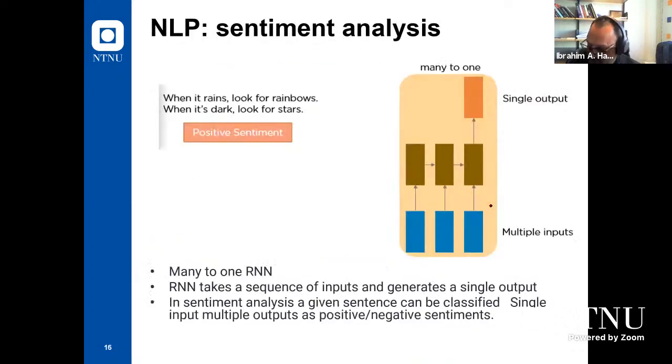In sentiment analysis, we have multiple inputs, which is a sentence. It could be a sentence, or it could be a movie review, for example, like a movie reviews database. In this case, the input will be text, and the output will be just 1. It could be +1 or -1. So we call it sentiment analysis. You have some reviews, and you want to classify which has a positive sentiment and which has a negative sentiment. This has very important applications.